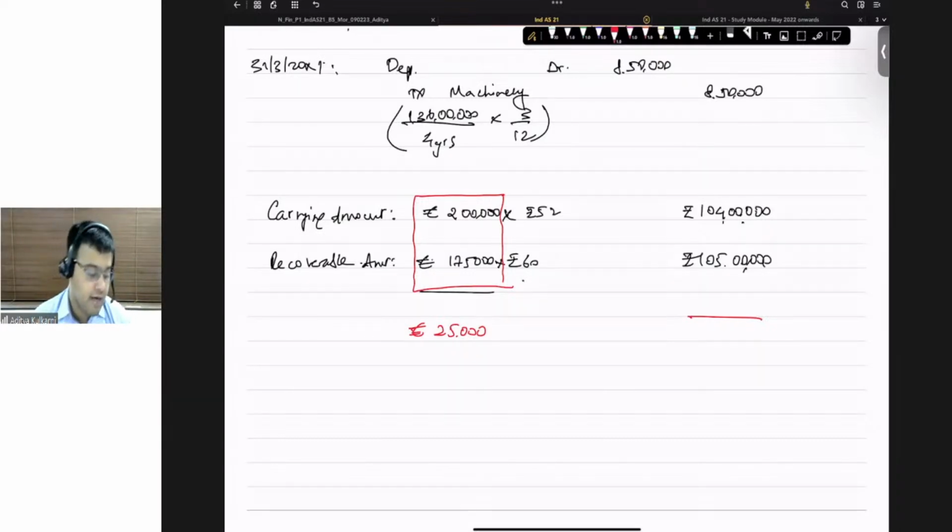And therefore, because there is no reduction, no impairment. Is it okay? Have you understood this? Ideally, there would have been a 25,000 euros impairment. But since the INR values are not reducing, there is no impairment.